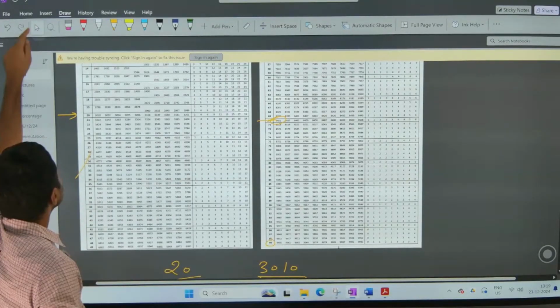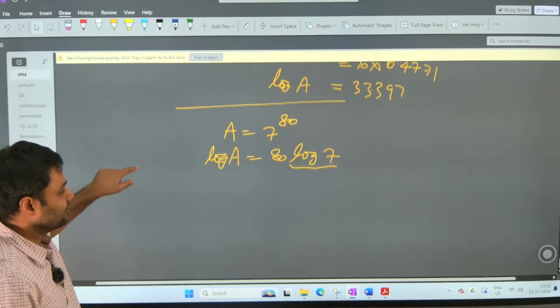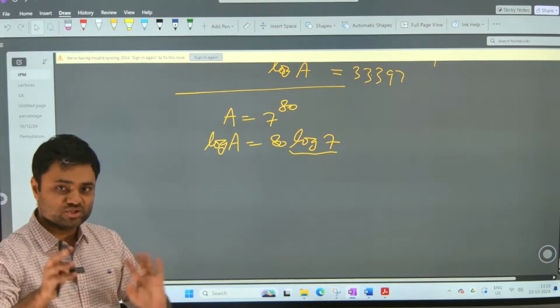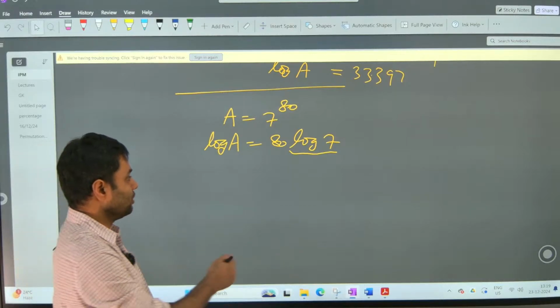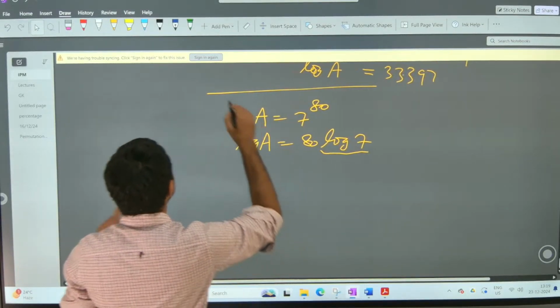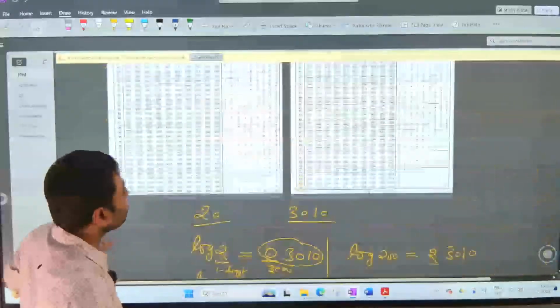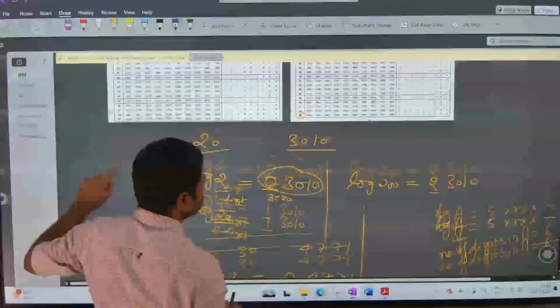So you may have to use a log table for solving these questions. Otherwise, whatever log value is required to solve that question should be given in the question itself, right? Otherwise, you will have to use a log table. So log 70 was 8451.